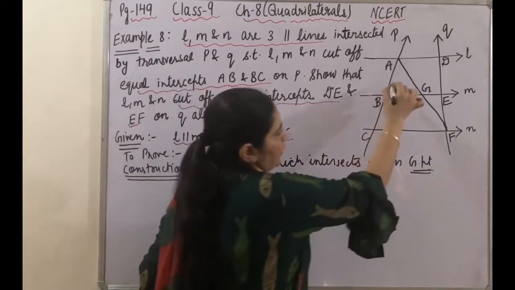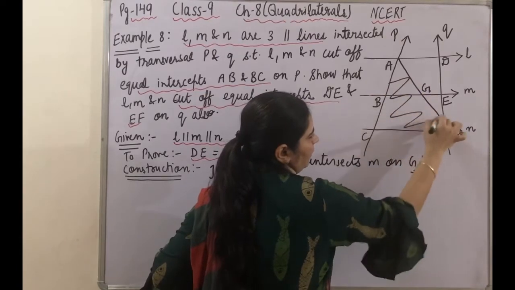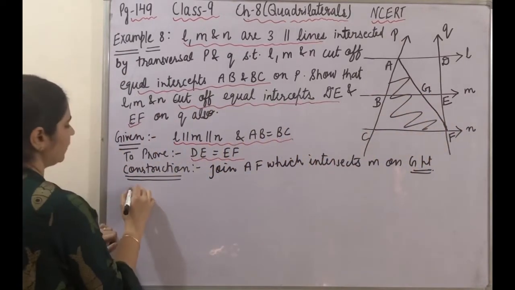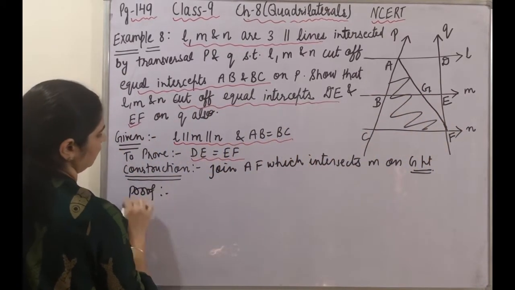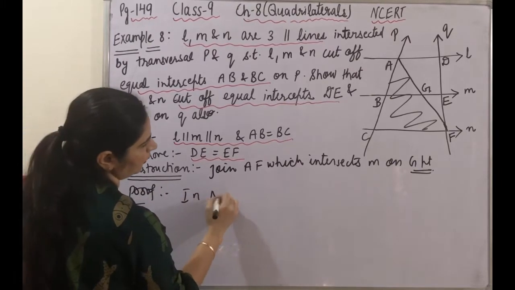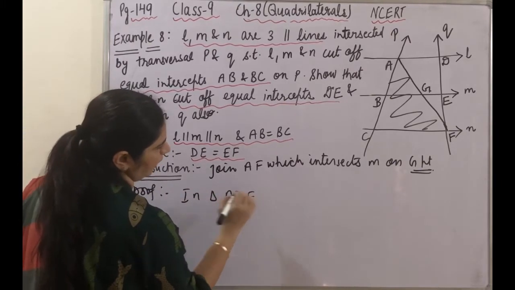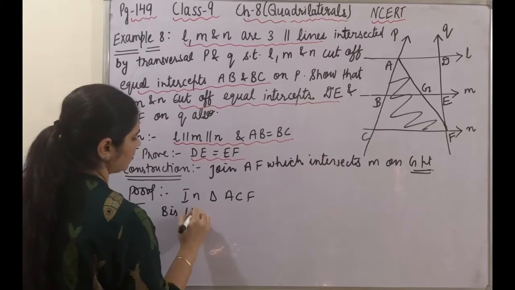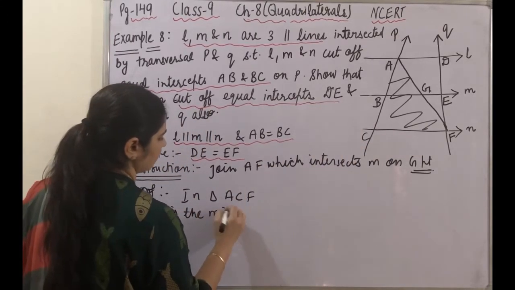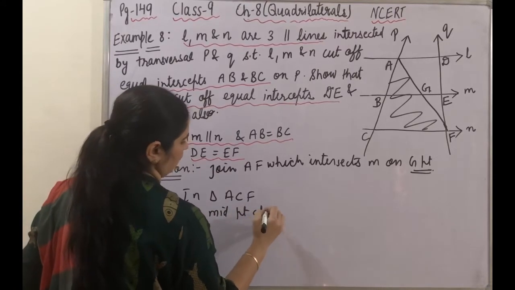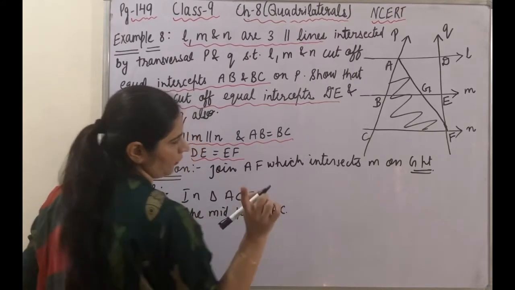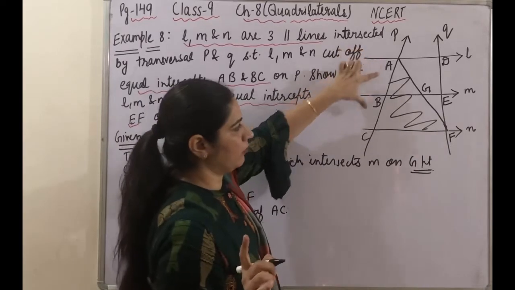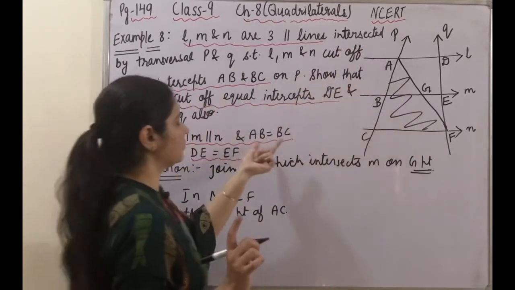Now I'll take this triangle. In triangle A, C and F, B is given. B is the midpoint of AC. Equal intercepts are given, AB is equal to BC. It is already given.